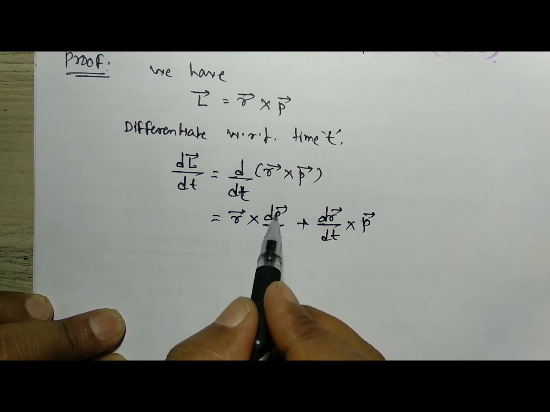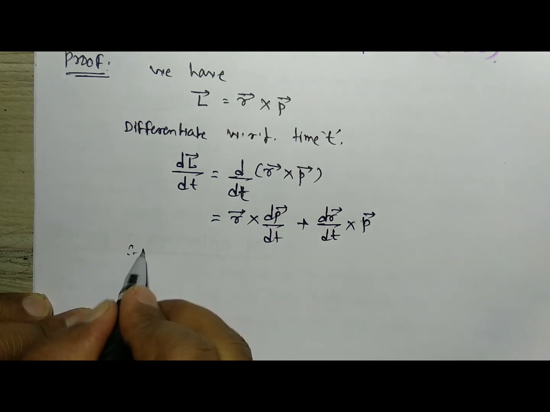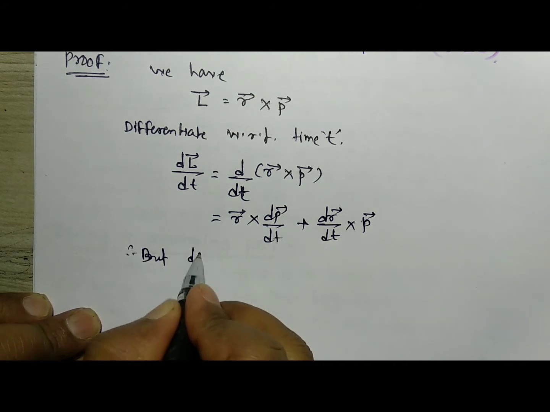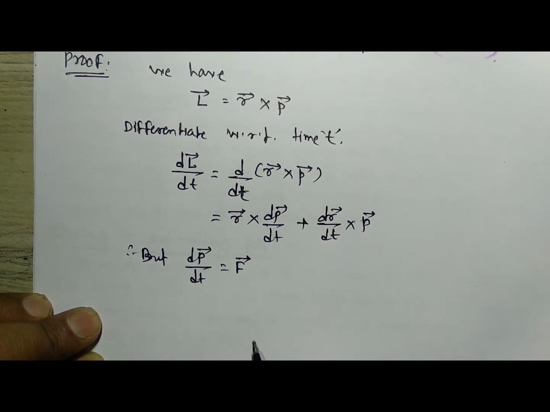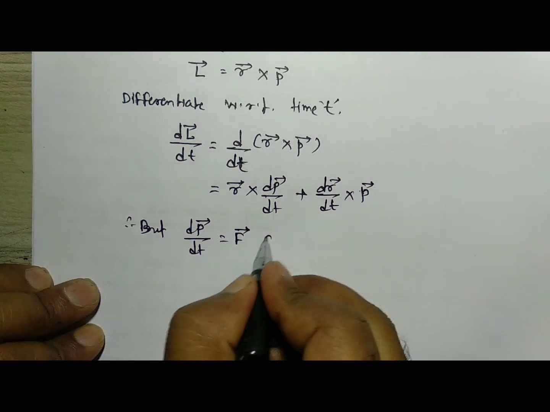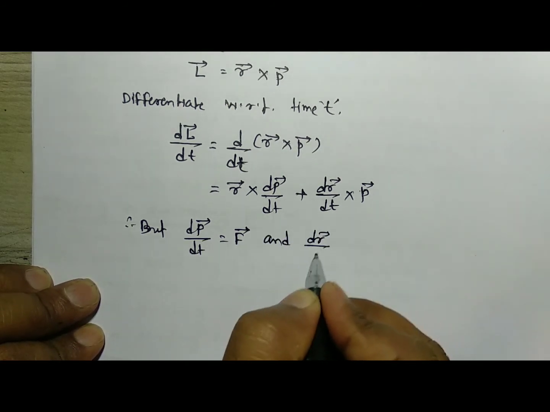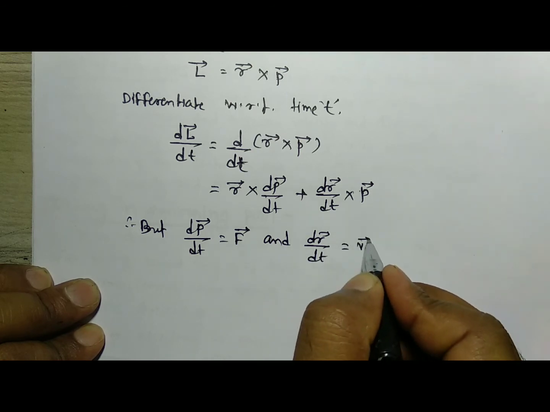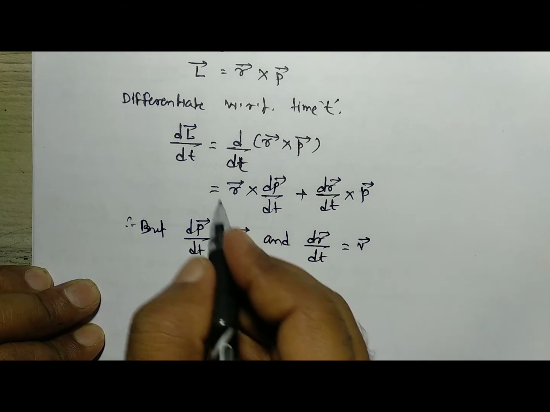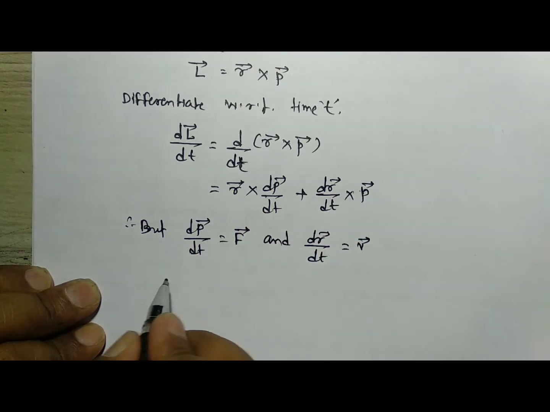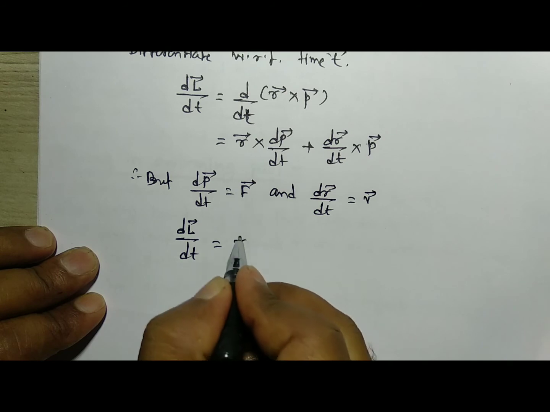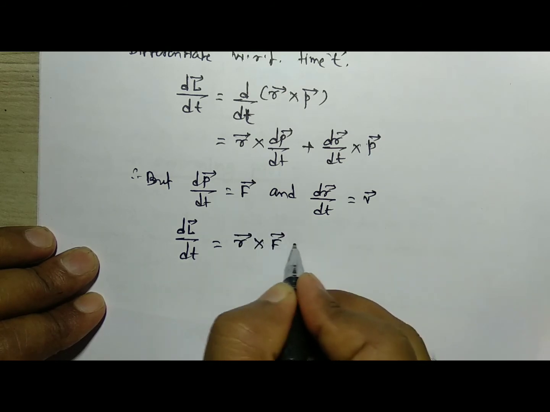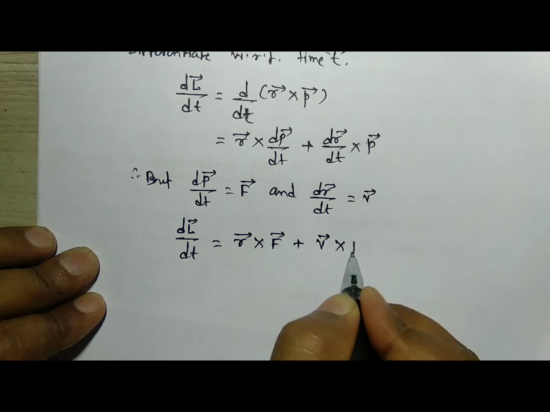According to Newton's second law, it is force. So dp bar divided by dt is equal to F bar, and dr bar divided by dt is equal to V bar. Putting those values into this expression, dL by dt is equal to R bar cross F bar plus V bar cross P bar.